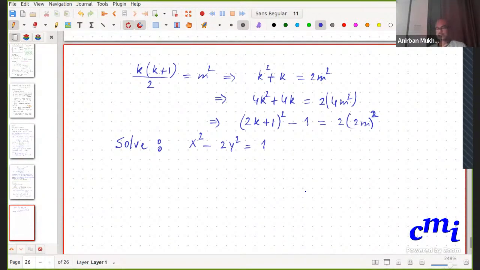So let's try to do that. Some solutions can be observed. It can be easily computed with a calculator. For example, x equal to 3, y equal to 2 is a solution that we can immediately see.